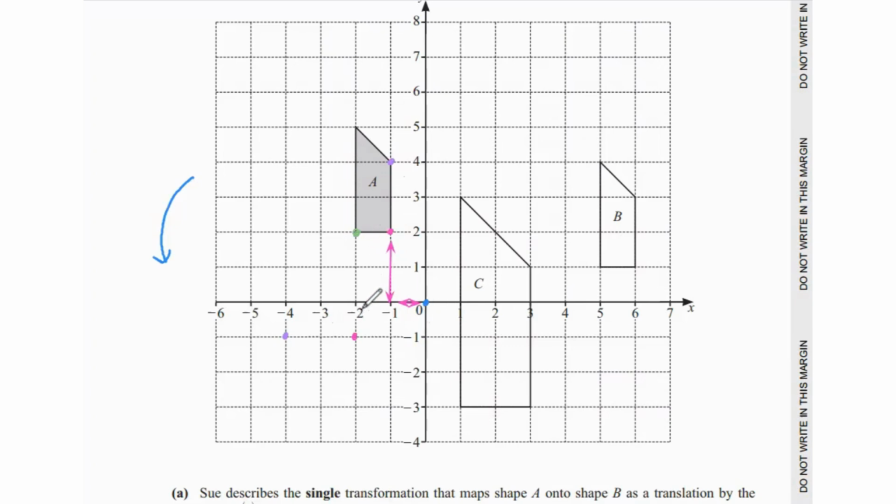So 2 horizontally, 2 vertically, that's over here. And lastly, this, that's 2 horizontally and 5 vertically. So now it's going to be 2 vertically and 5 horizontally over here. So if we connect the points, this is the image of shape A after a 90-degree rotation anti-clockwise about the point 0, 0.